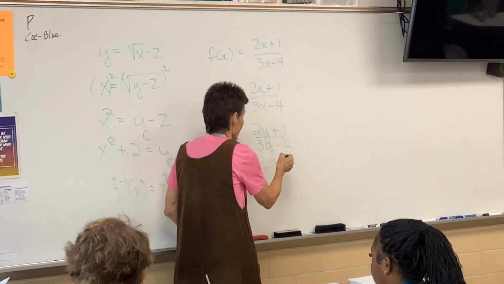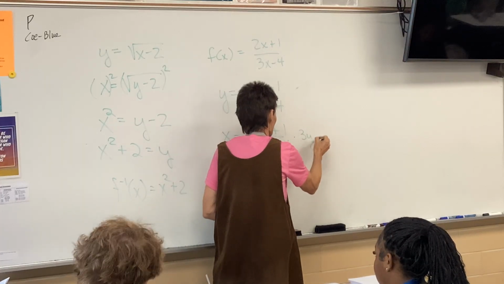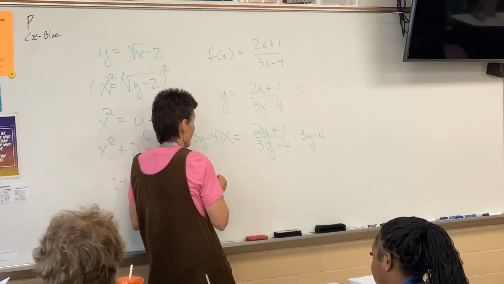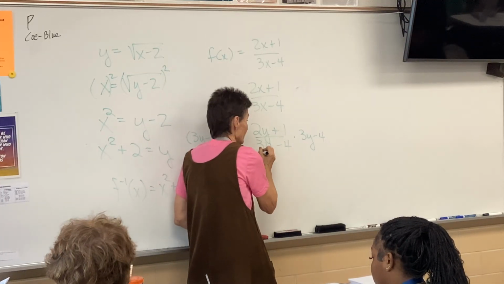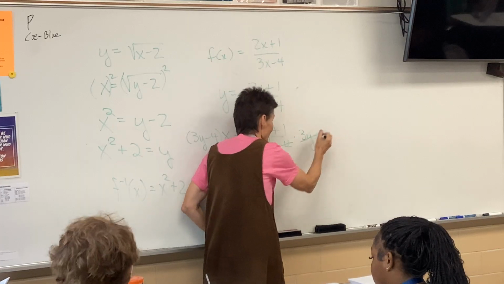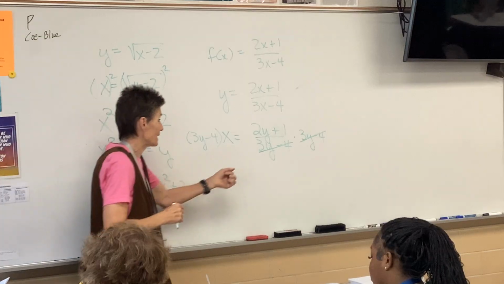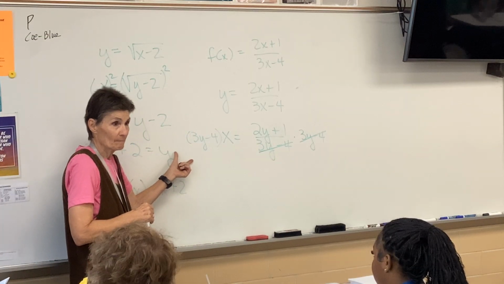We're gonna multiply, not by 3y, we're gonna multiply both sides by this denominator, 3y minus 4. Because what's gonna happen if I multiply by that, won't those cancel? Yeah. So basically what I'm doing is bringing this denominator over to the other side.